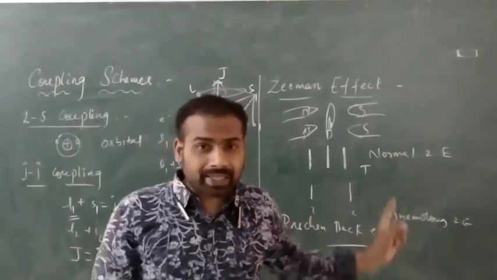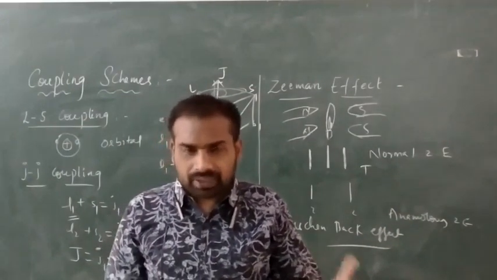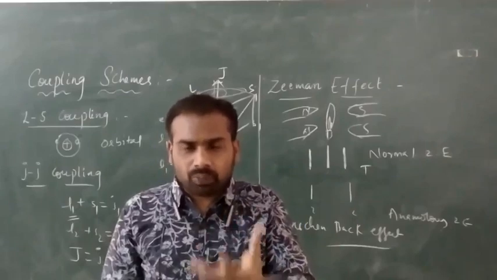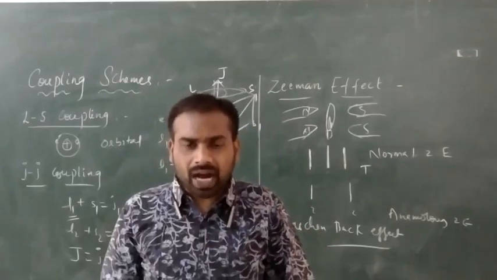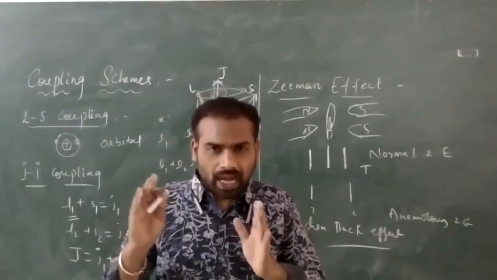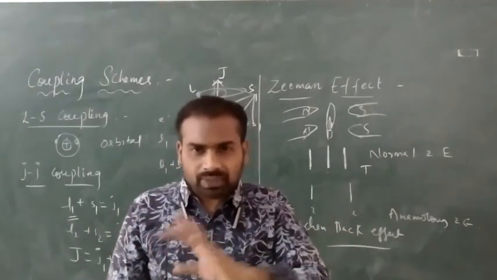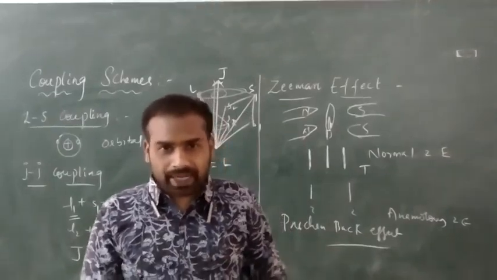That is called Paschen-Back effect. So in the weaker field, the spectral line will be split into more than three components. When we increase the strength of the magnet, the anomalous Zeeman effect will be transformed into the normal Zeeman effect. That is called Paschen-Back effect.